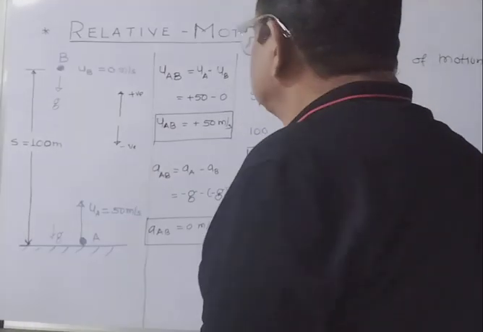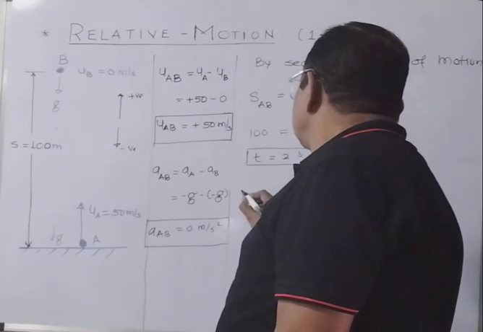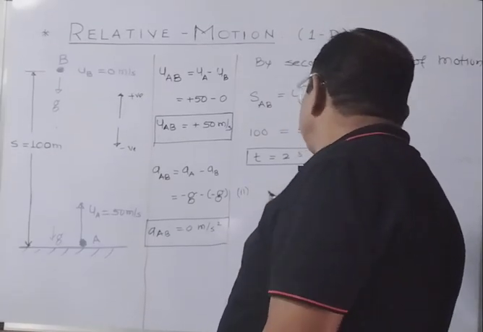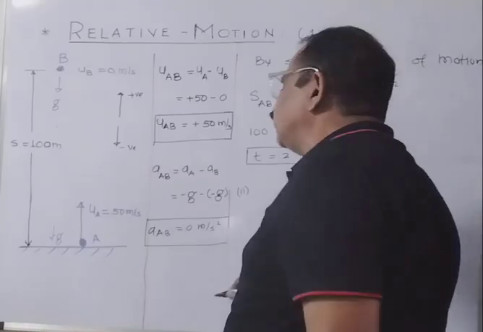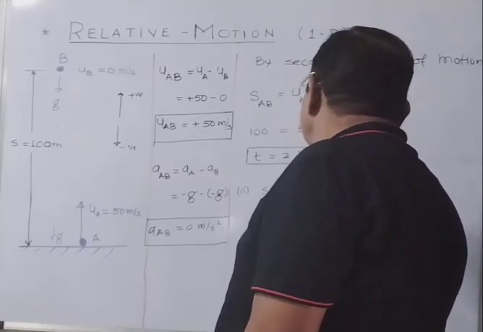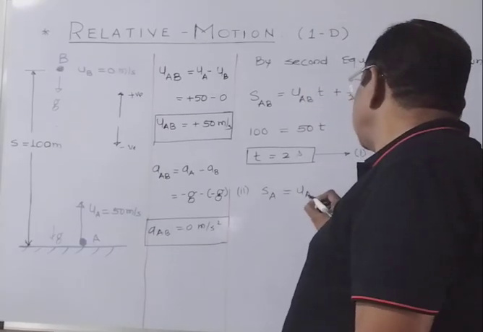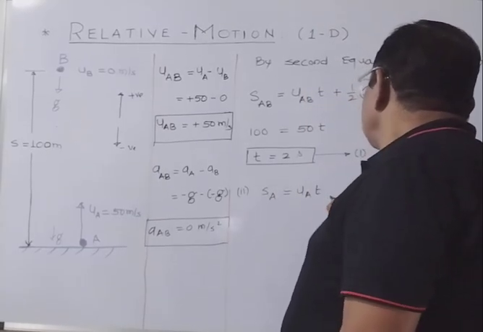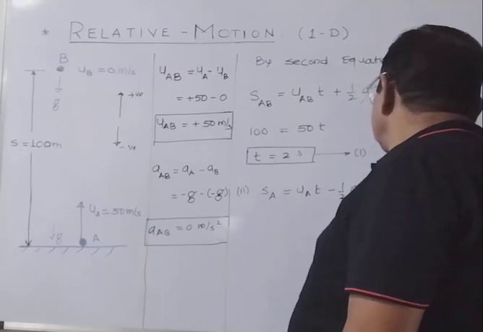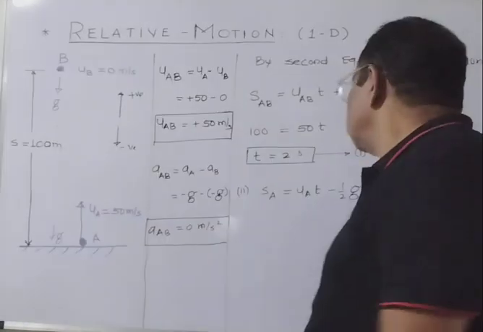Then the distance from the ground where they will cross. For the second answer, from the ground, we get a displacement of s. We are simply using the second equation of motion for particle A. Displacement of A with respect to ground is equal to initial velocity of A into t minus 1 by 2 g t square. Minus is because g is taken negative.